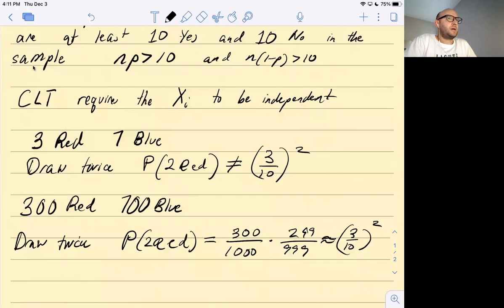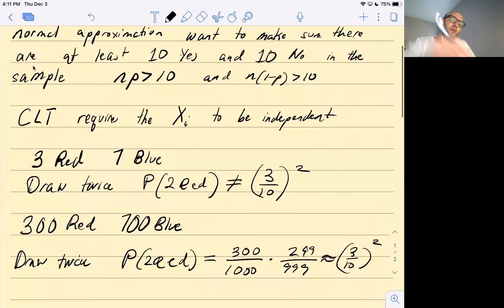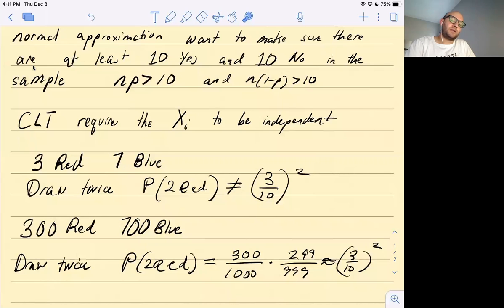So does this make sense, why we want the number of successes and the number of failures in our sample, the number of yeses and the number of no's, to both be greater than 10?